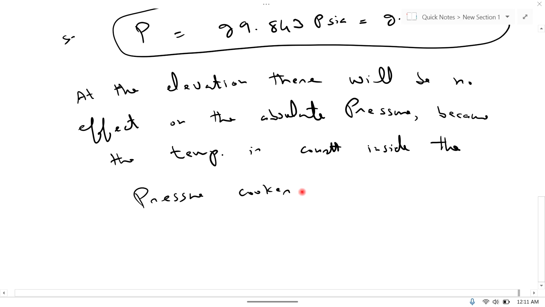As temperature is constant, it means that the pressure cannot be changed in the pressure cooker.